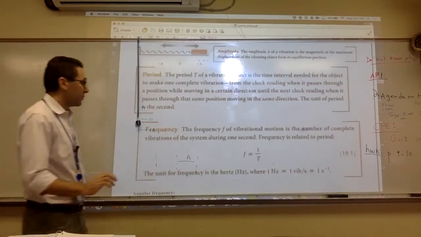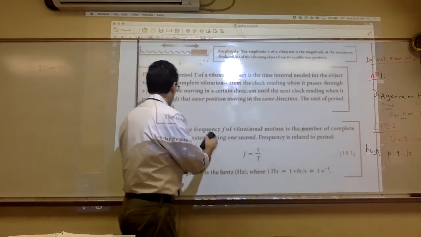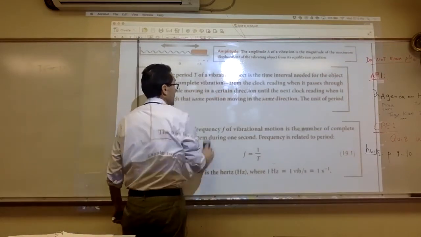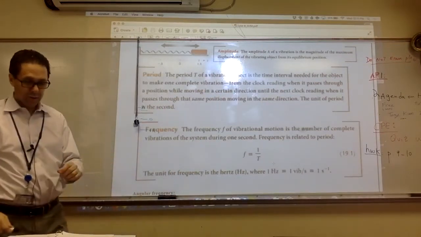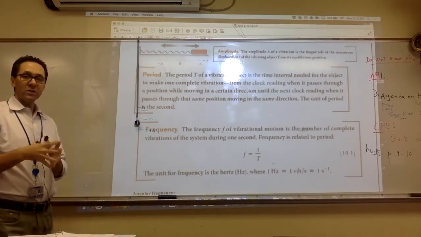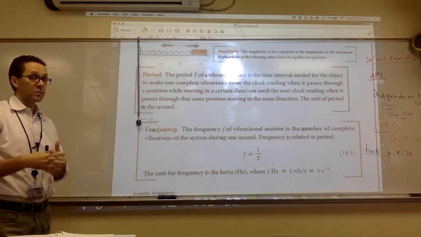Okay, the period is basically how long it takes to do a cycle. And you learn in your math class that whenever you do trig functions, you always break your period into quarters, because the interesting stuff happens at the quarters, right?